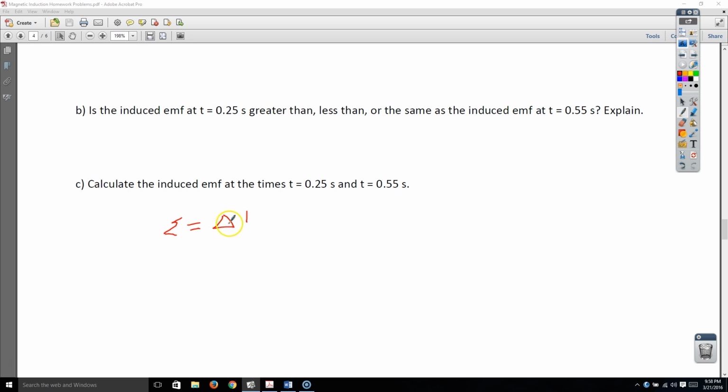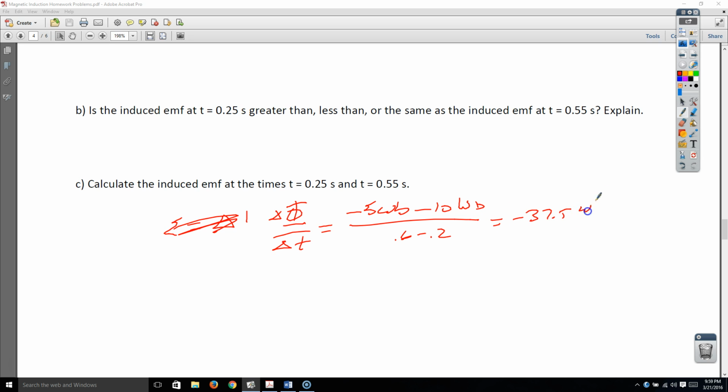So let's just look at the change in flux over the change in time first. So this is equal to -5 Webers, that's our final minus original, which is positive 10, but we're subtracting it, over 0.6 minus 0.2. And so here we get -37.5 Webers per second.